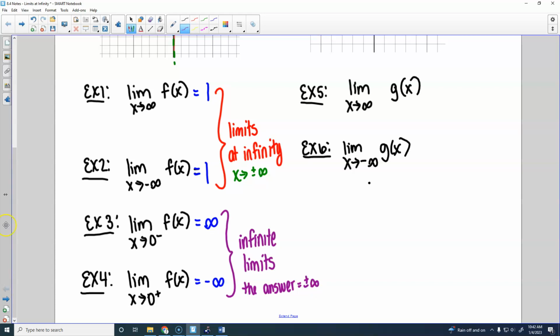These are not limits at infinity because x is not approaching infinity or negative infinity, but they are infinite limits because the answer is positive or negative infinity. We will see some where we're looking at limits at infinity, and you can have both here. You can have x approaching infinity and the answer also being positive or negative infinity. So you can have both. We'll see some of that as well.